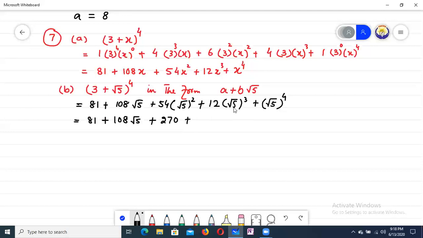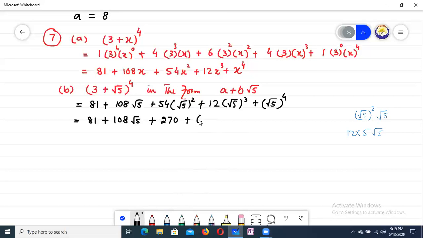Plus here square root of 5 whole cube. We can do this one like this. Square root 5 square we can make separate and square root 5 raised to the power 1 separate. Square root cancels with square, this will be 5 square root of 5. And this 12 is also there outside, then 12 into this 5, 60 square root of 5 is coming here.